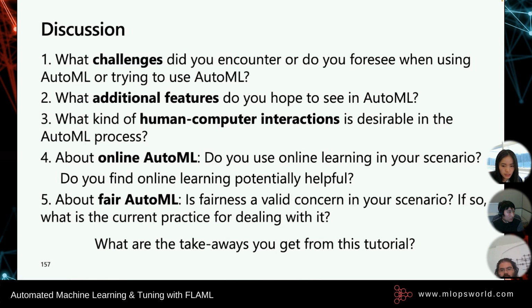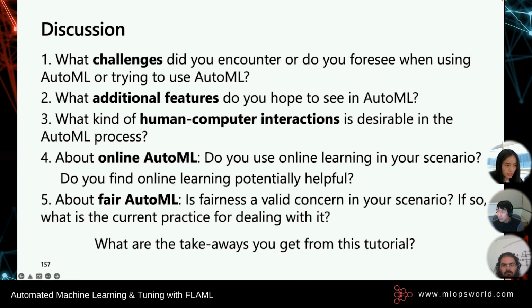We have identified some of them when I talked about the opportunities for contribution. For example, the new features include computer vision tasks, multimodal model, fair AutoML, visualization, and explanation. Is there any particular one that you hope to see or you find might be very useful? And you are also welcome to propose new ones beyond what I just mentioned.